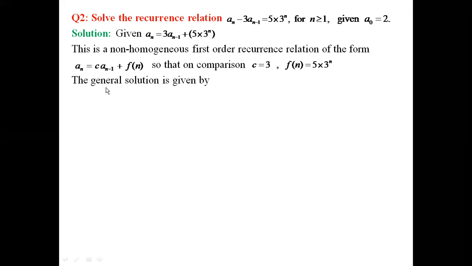So that we'll be able to write down the general solution now, which is given by, this is the general formula, general solution expression. a_n equal to c power n into a_0 plus summation k equal to 1 to n c power n minus k into f of k for n greater than or equal to 1.